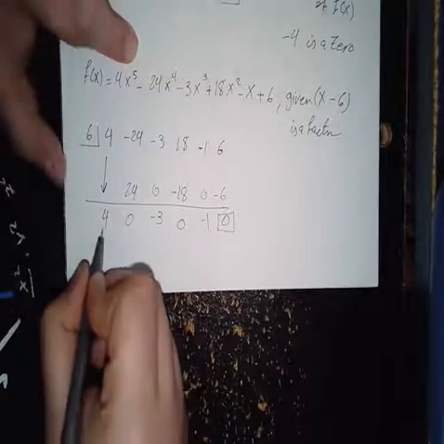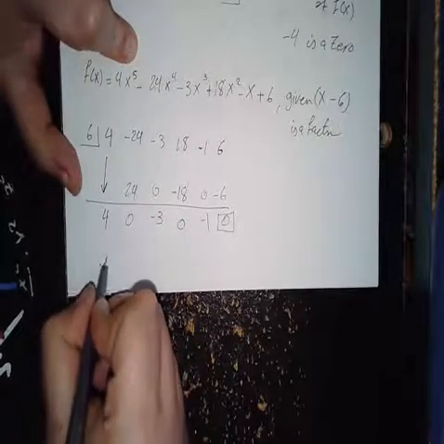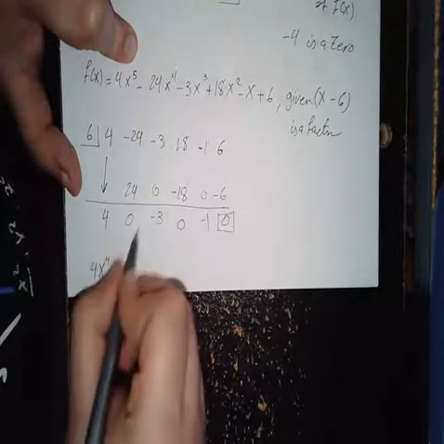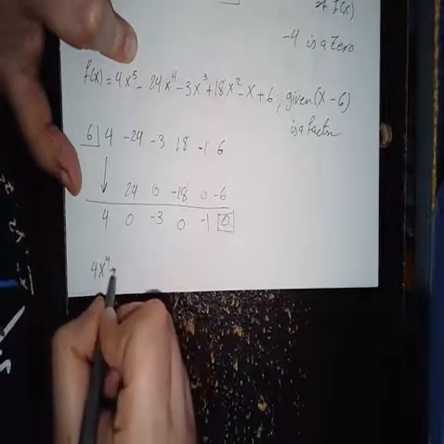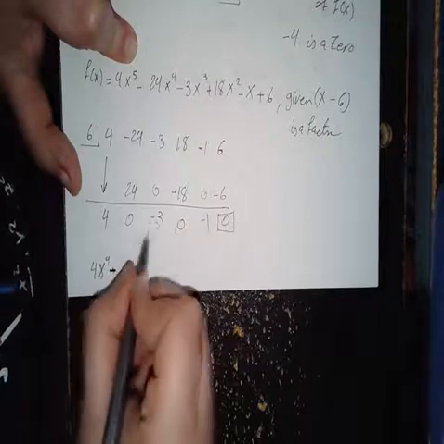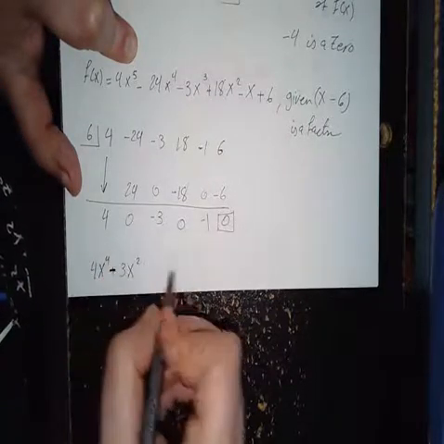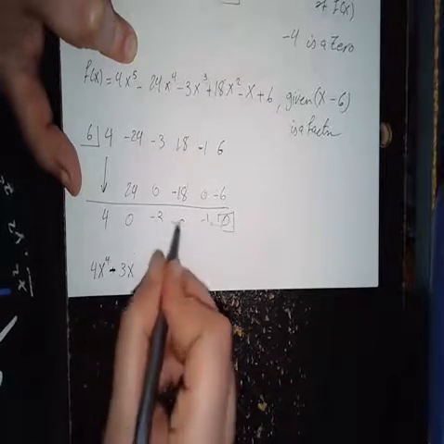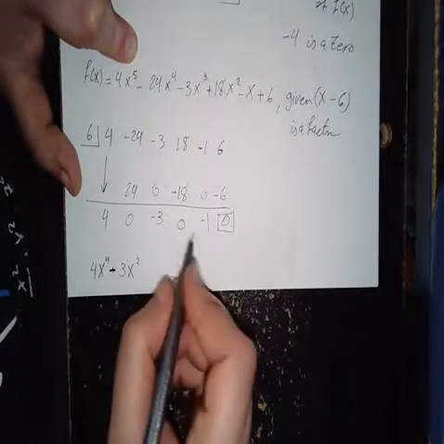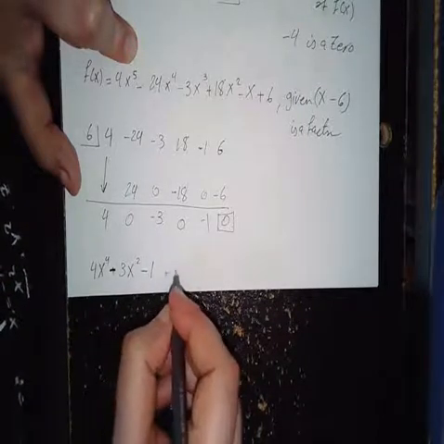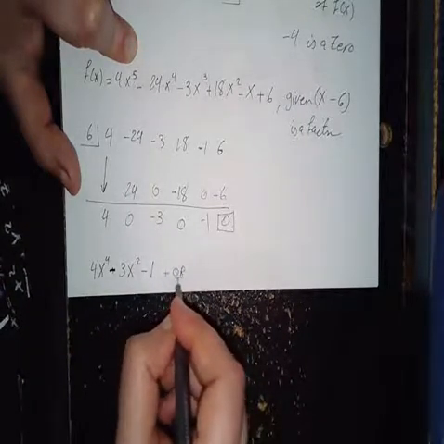So we have x to the 4th, and the coefficient 4, plus, this is 0. Oh, so now it makes it a minus. Okay, minus 3x squared, because the x cubed went away, right? This is a 0, so x to the 1st is no longer there. And then minus 1. This is your function. Plus 0 as a remainder.